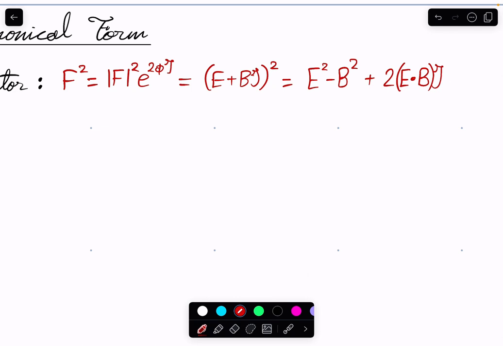And in terms of the physical significance of these quantities, this right here is known as the electromagnetic Lagrangian density.